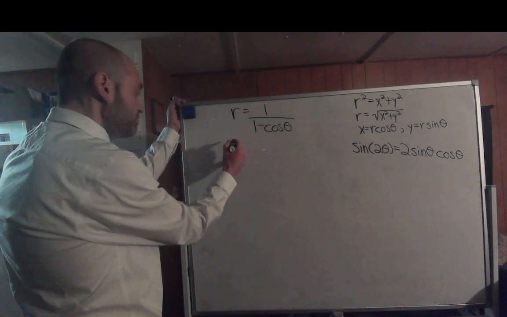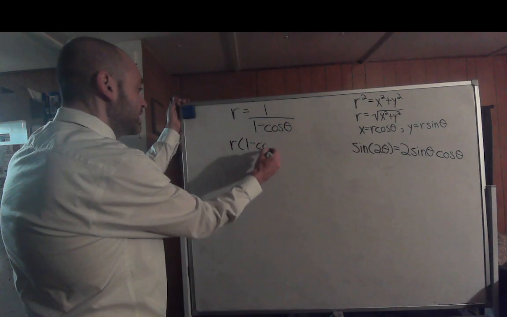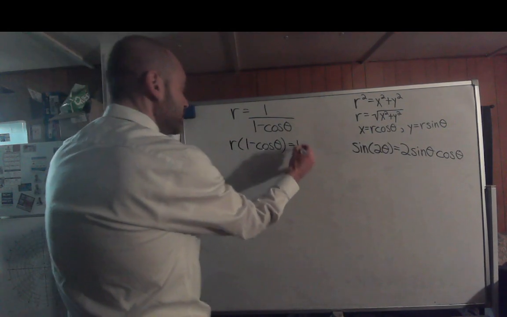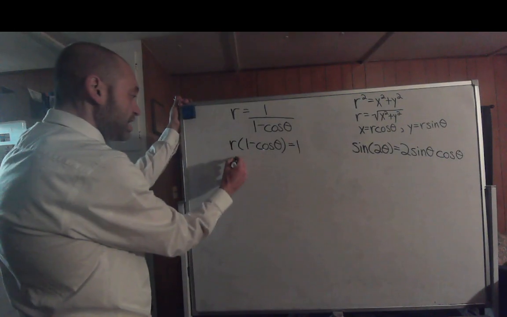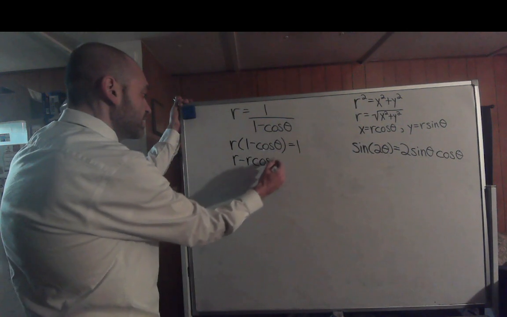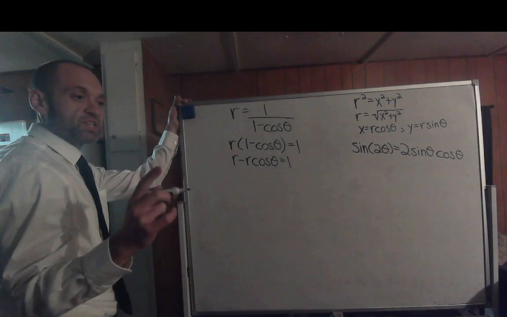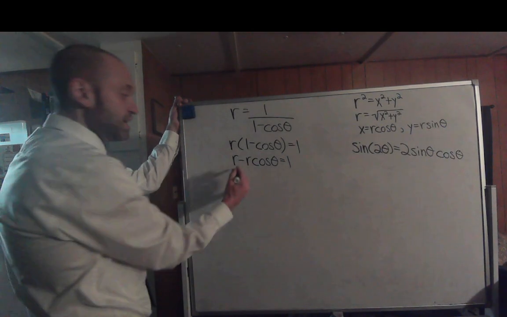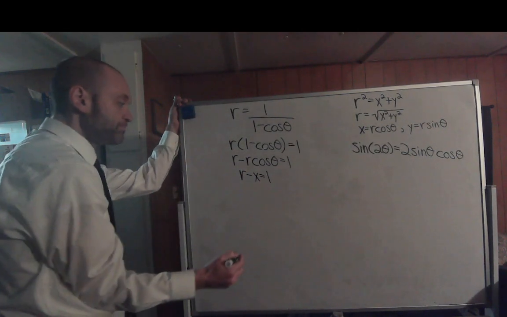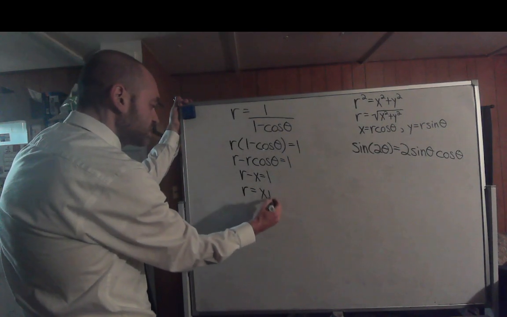So you'll end up with r times the quantity of 1 minus the cosine of theta equal to 1. Now you'll have r minus r cosine of theta equals 1. Well, what's r cosine of theta? That's just x. So this would turn into r minus x equals 1. Then this would turn into r equals x plus 1.